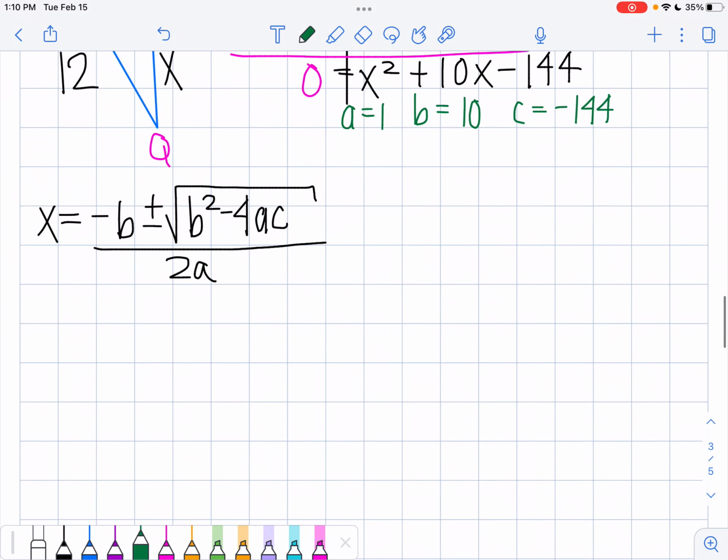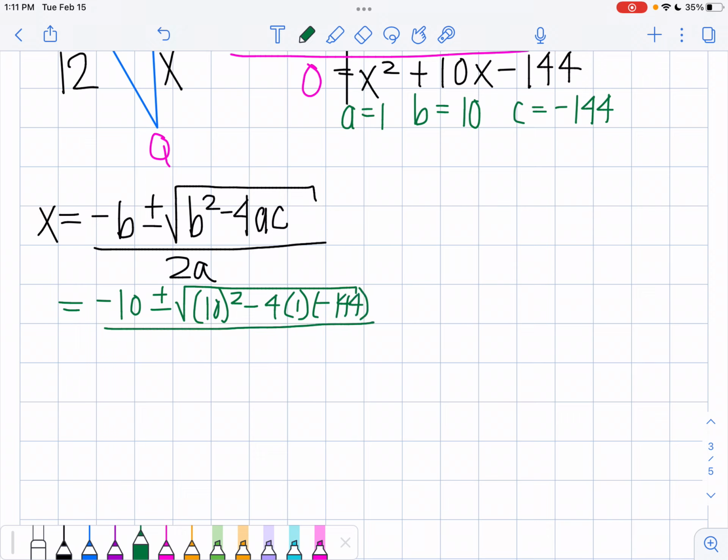So I get x equals negative b, so negative 10, plus or minus the square root of 10 squared minus 4 times a, which is 1, times c, negative 144, all divided by 2 times a, which is 1.